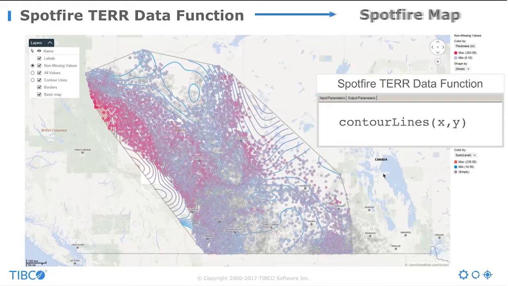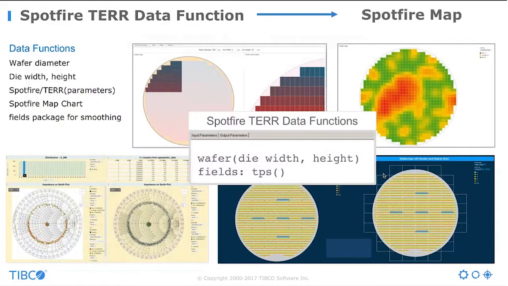Now, those data functions can be configured to do a whole host of things. In the semiconductor industry, we have data functions that you give the width of the die and the height of the die, and it'll construct a wafer map chart for you. And now that chart becomes part of your regular Spotfire charts, and you can do all the usual things with that chart, including a smoothing function on top of the intensity of the pixels.